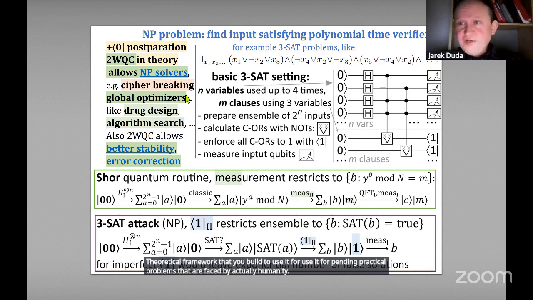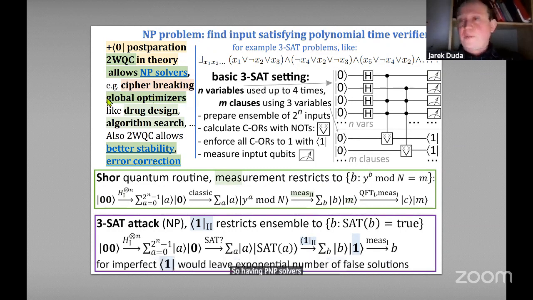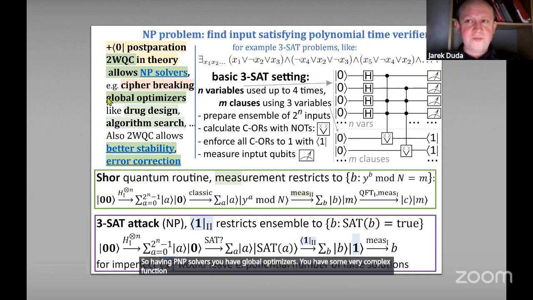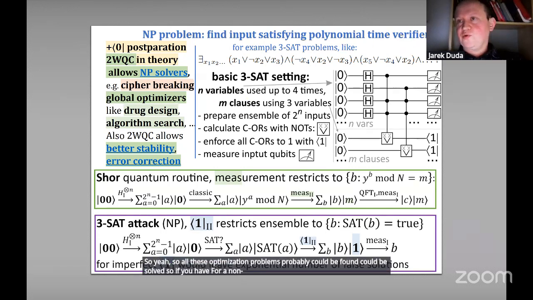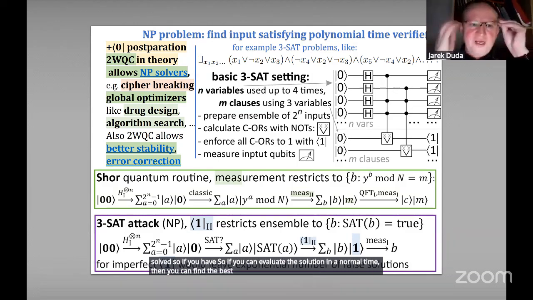So having NP solvers, you have global optimizers. You have some very complex function, and you can find its global minimum. So yes, all these optimization problems probably could be solved. If you have a polynomial time verifier, so if you can evaluate the solution in polynomial time, then you can find the best input. For example, algorithm search.